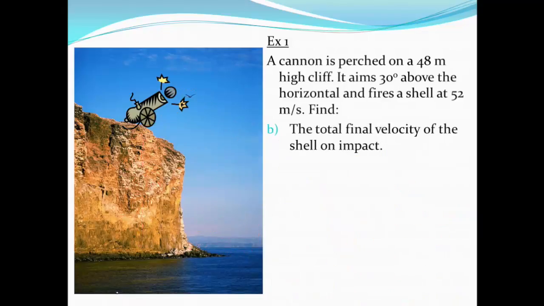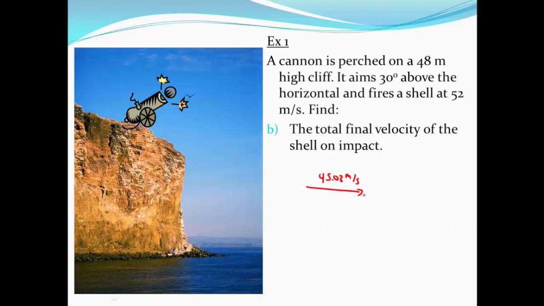Part B here, it's asking now for the total final velocity of the shell on impact. Well, you may recall that in part A, we found the final velocity in the y direction. However, we didn't find the total velocity or the resultant velocity, adding up the two vectors both horizontally and vertically. So if we take a look, again, we always have the horizontal velocity vector, and in this case it was going at 45.03 meters per second.